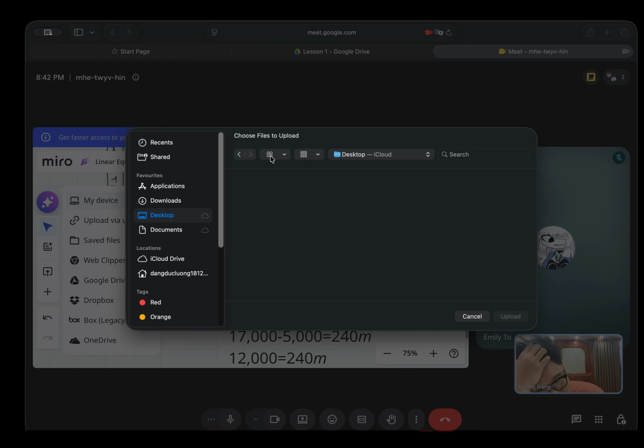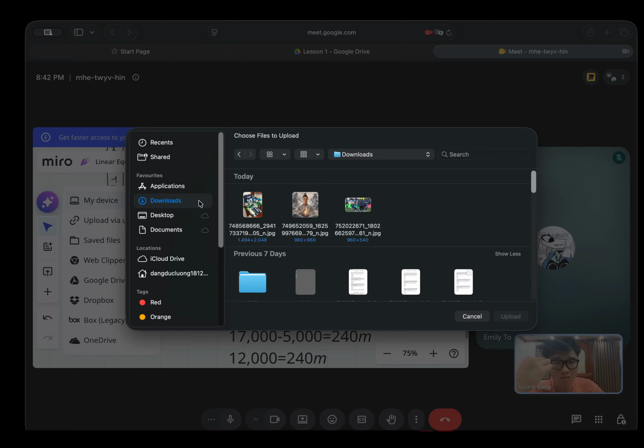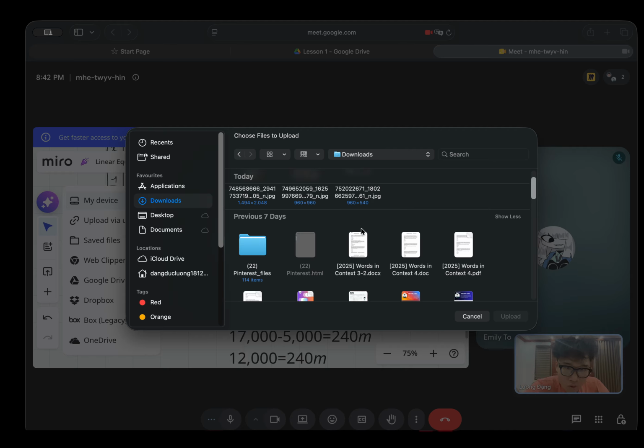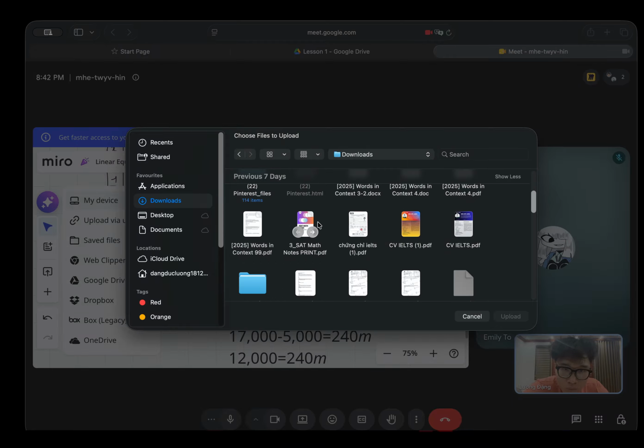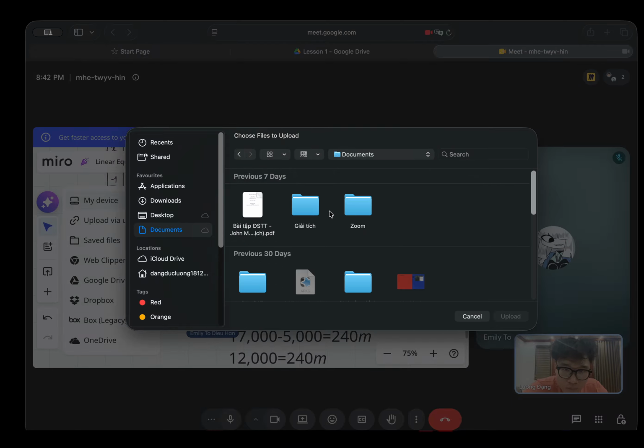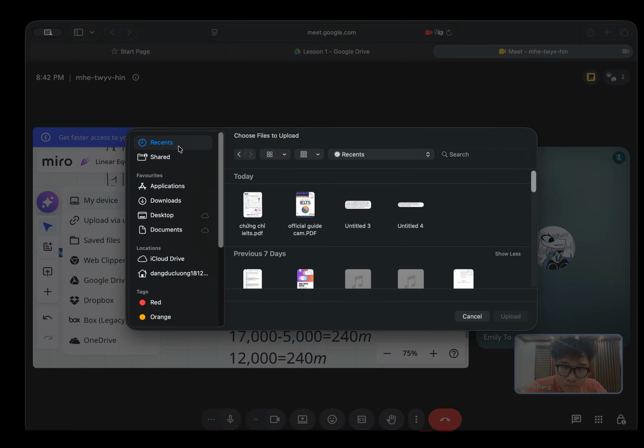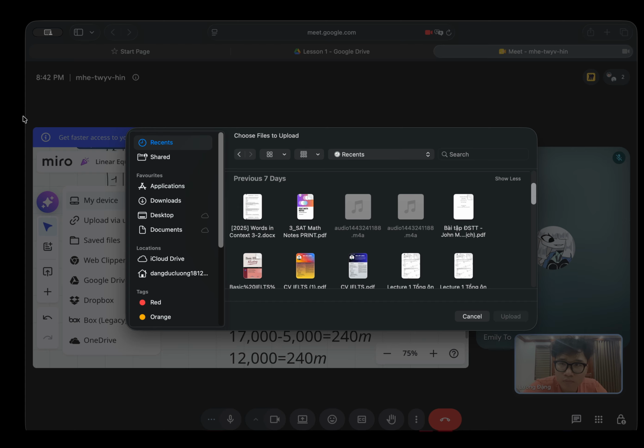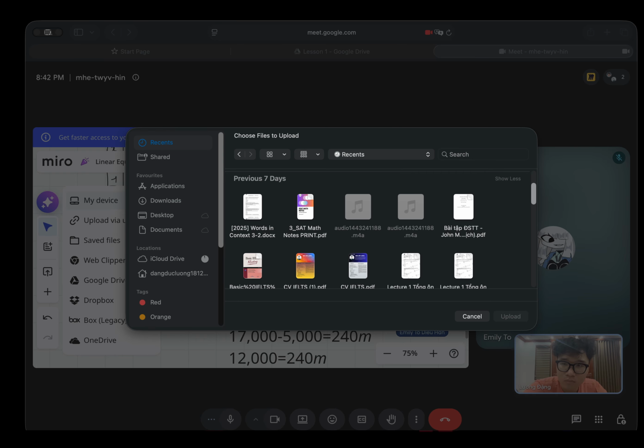Just why it just don't automatically save it on? Why?